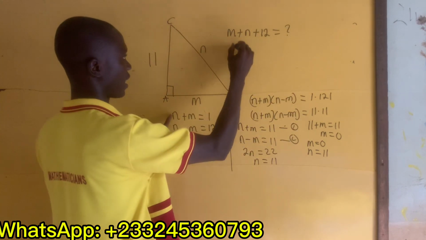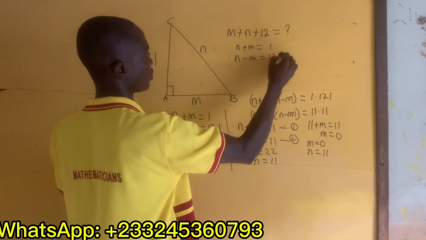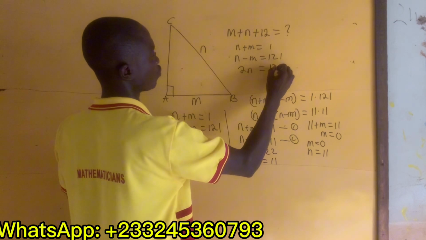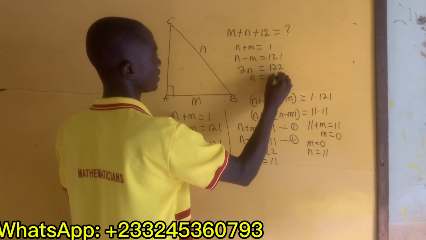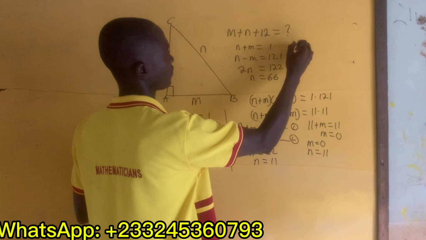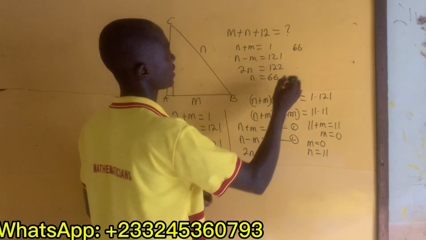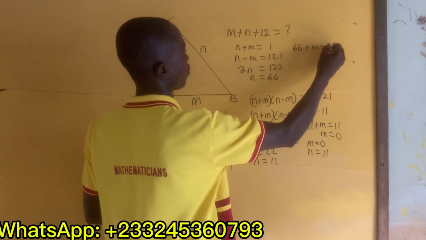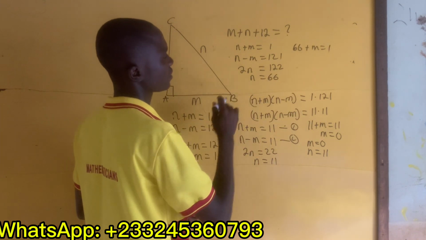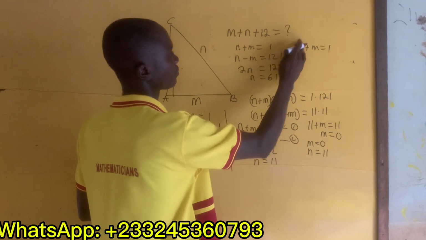Here, I have n plus m equals 1, n minus m equals 121. If I add, I get 2n equals 122, which means n equals 61, because 122 divided by 2 is 61.